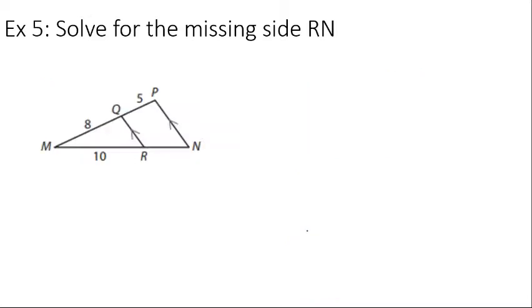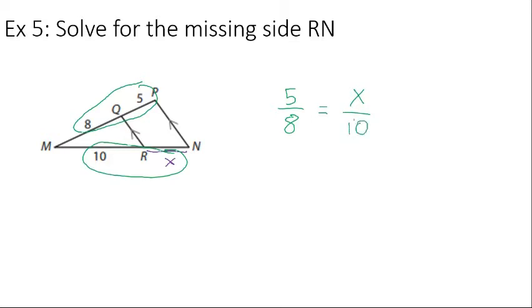Okay, example 5. I want to solve for the missing side RN. So RN is right here. I'm going to call that X. I'm now going to take these two lengths on the same side of the triangle. So I'll put 5 over 8 equals, and I put these two together. You see how 5 and the X are on the same side? Think of it as X over 10.